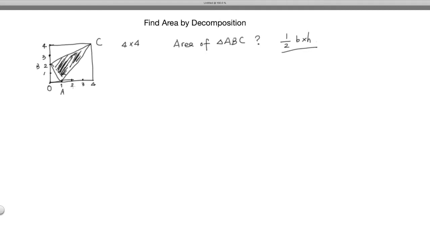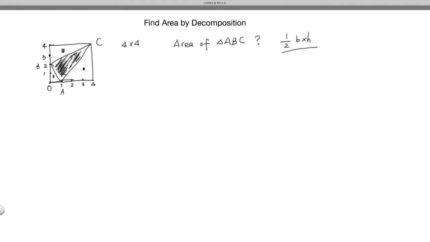But looking at it in a different light, you see that this triangle is just this square subtracting those 3 right angle triangles.